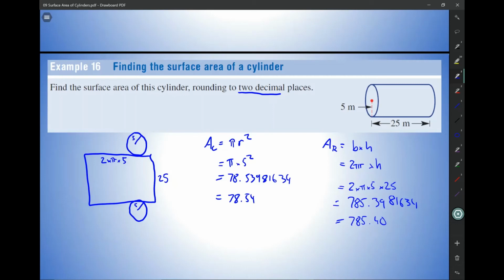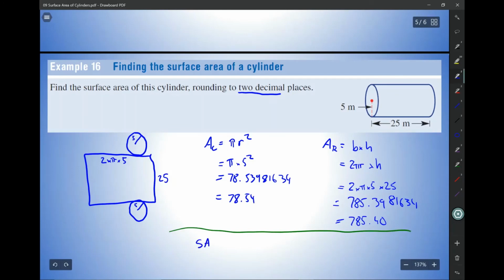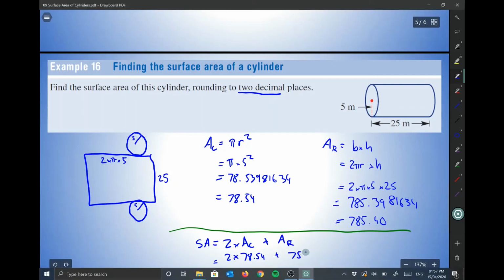So now we're calculating the surface area, which is 2 times the area of the circle plus the area of the rectangle. It's 2 times 78.54 plus 785.40.